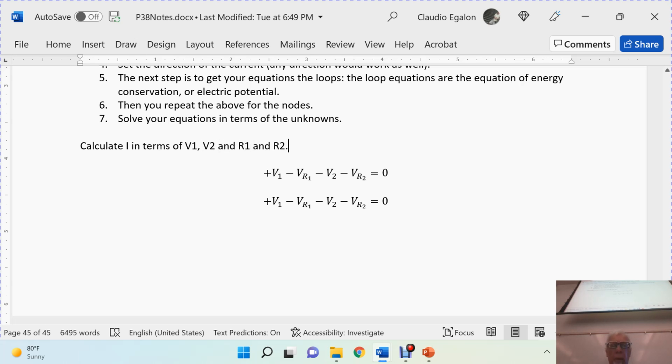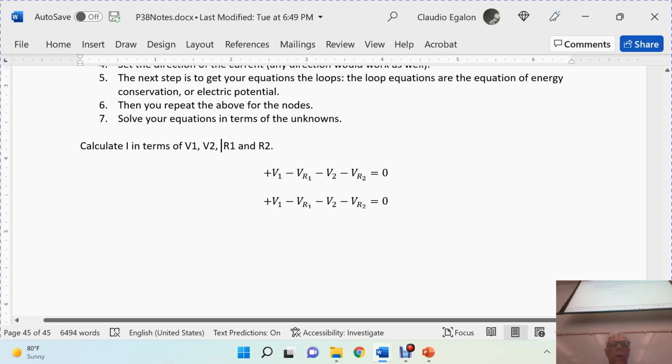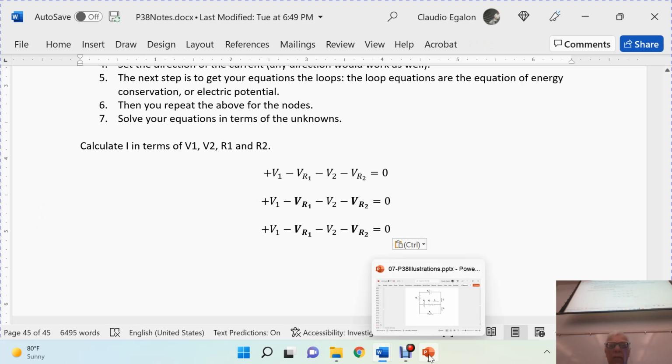Okay, let's do it this way. So what do we do next? Right in here, we apply Ohm's law. I set up the current.